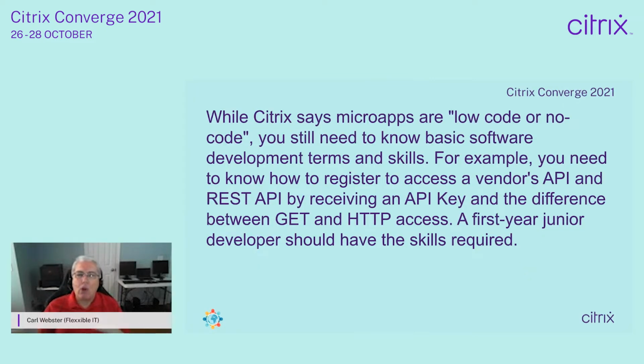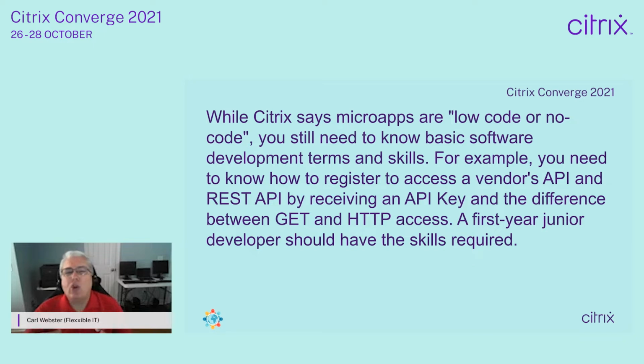Now, when you look at the resources for a micro app, Citrix will tell you that micro apps are low code or no code. Now, while it's true, you may not have to write hundreds or thousands of lines of code in PowerShell or Python or C# or any of the other programming or scripting languages out there, you still need to know some basic software development terms and skills.